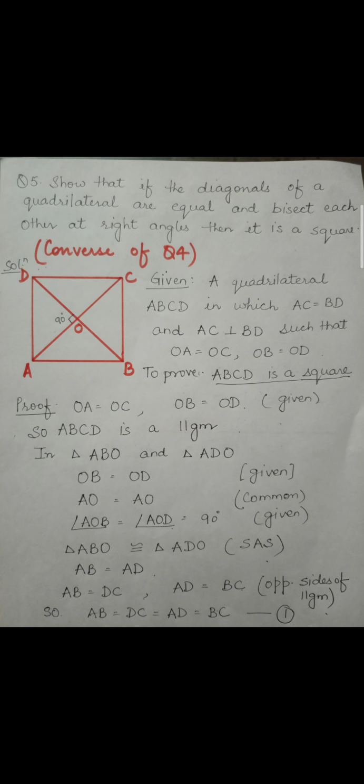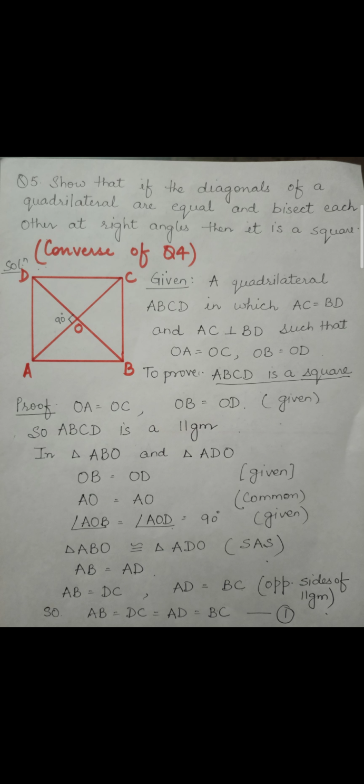This is given, diagonals bisect each other, so OB is equal to OD. OA is equal to OA. It is common. You can write it as AO is equal to AO, common. And angle AOD and AOB are 90 degrees, it is also given as AC perpendicular to BD. Then by SAS, the triangles are congruent.